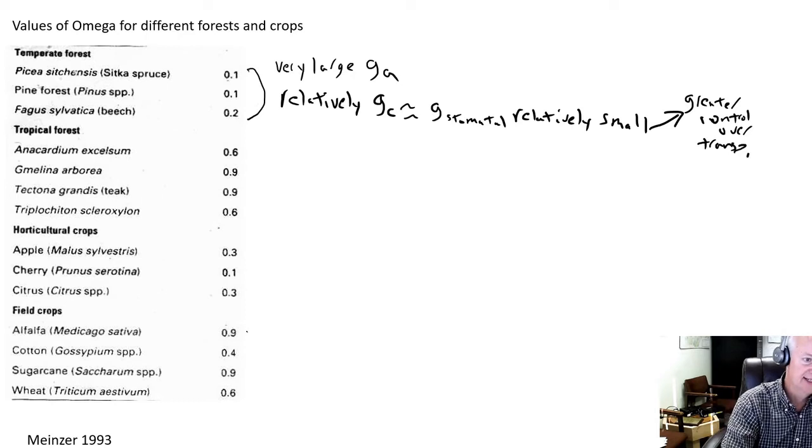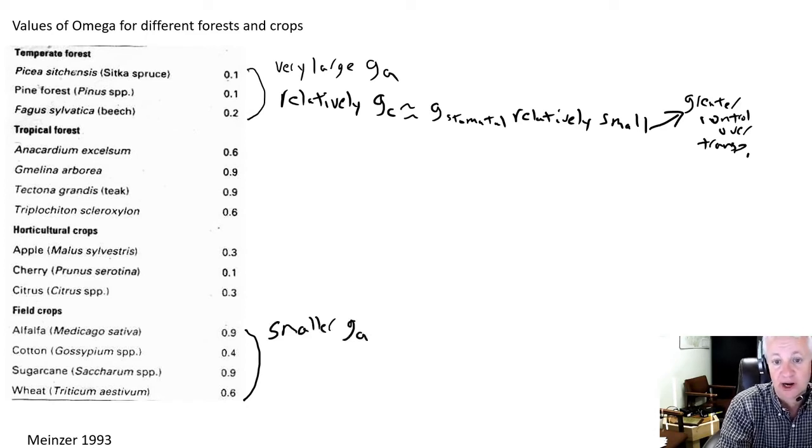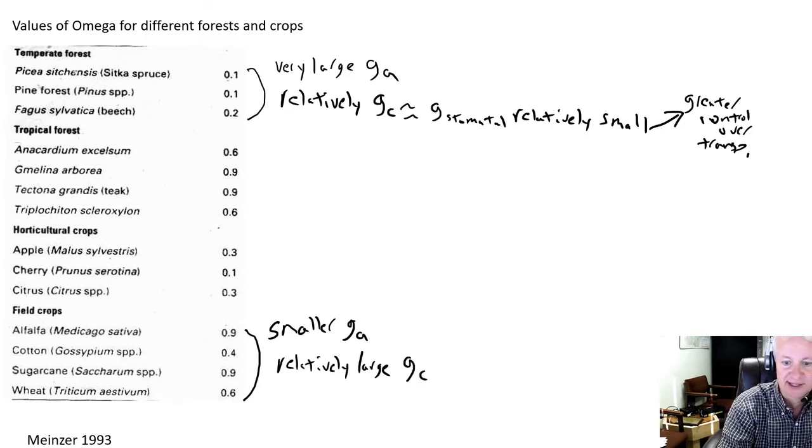In contrast, these field crops are short and much more densely packed, so they have smaller aerodynamic conductance or larger boundary layer resistance, and they have relatively large canopy conductance, so their stomatal conductance is high.